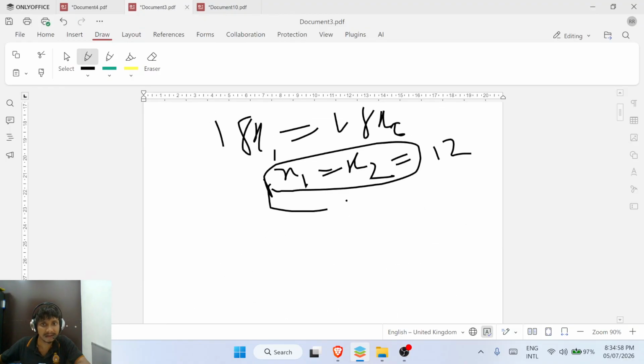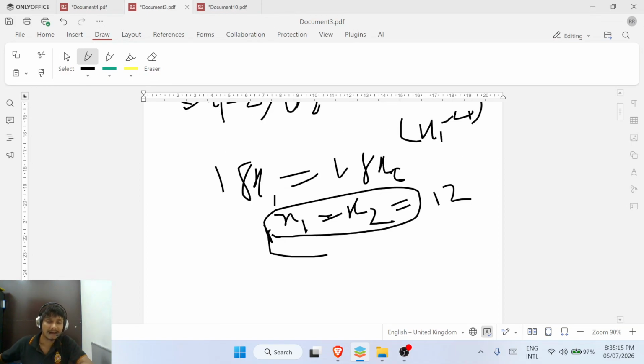It says that if there are two values in the x-axis, or in the domain part, and they have the same value, then the two points in the domain must be the same.